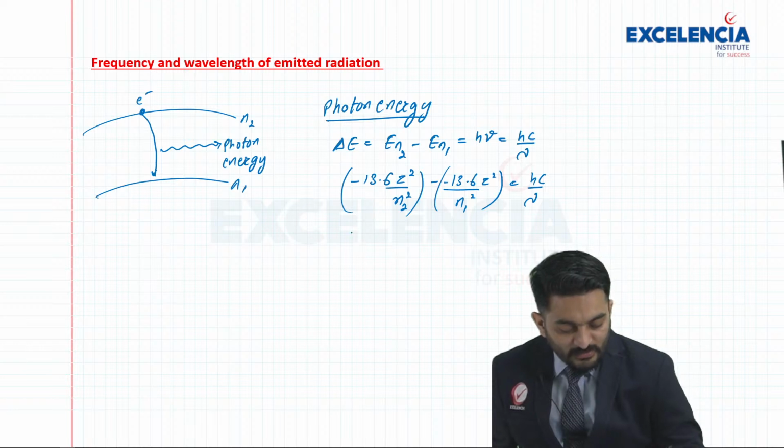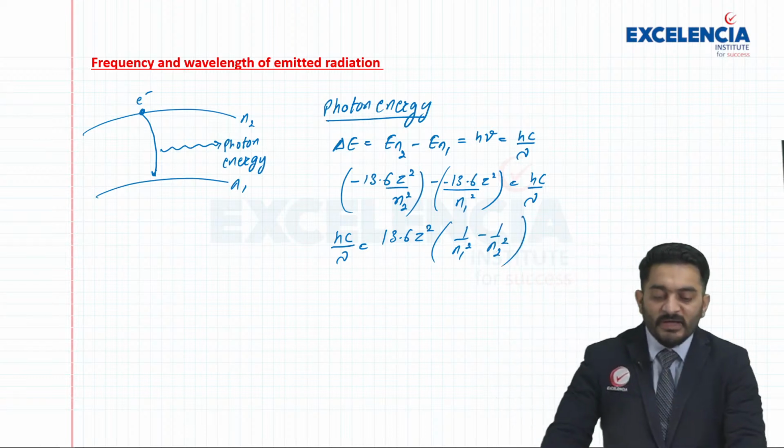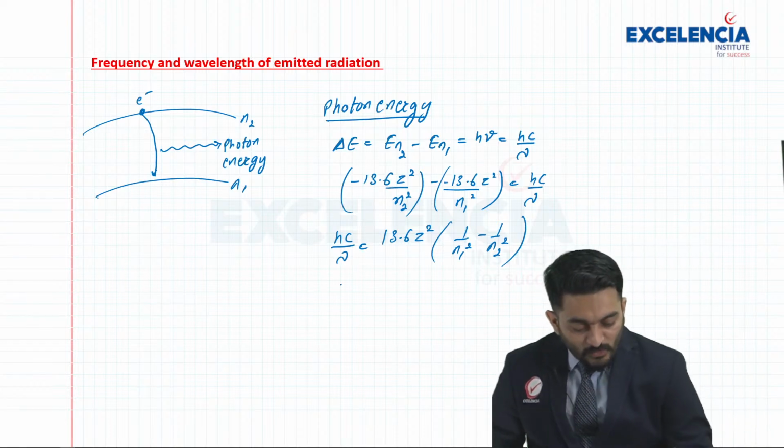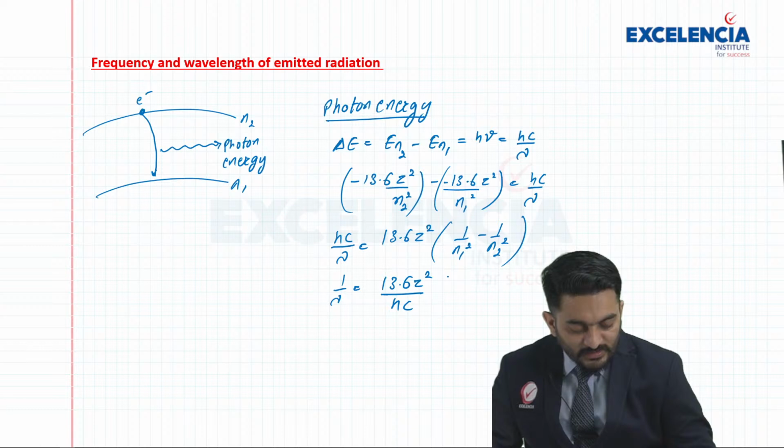So you take 13.6 Z square as common, and inside you will have 1 over n1 square minus 1 over n2 square. So the minus minus will become plus, and you can see that 1 by lambda, the wavelength, can be calculated by 13.6 Z square over hc.